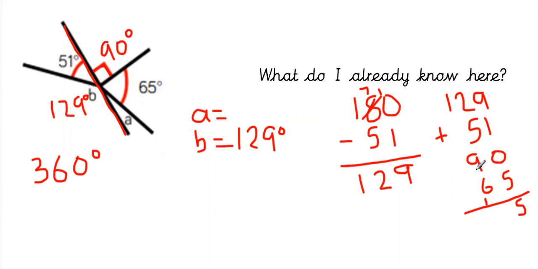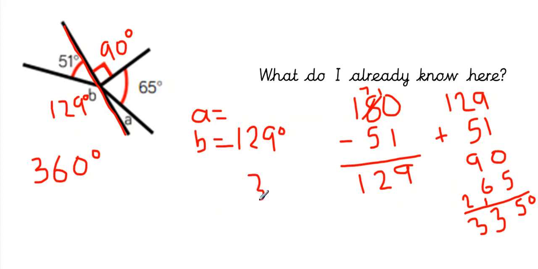Then I've got 9, add 1 is 10, add 5 is 15, add 2 is 17, add 6 is 23. And then I've got 2, add 1, which is 3. So altogether, these angles equal 335 degrees. The difference between 335 and 360 is angle A.